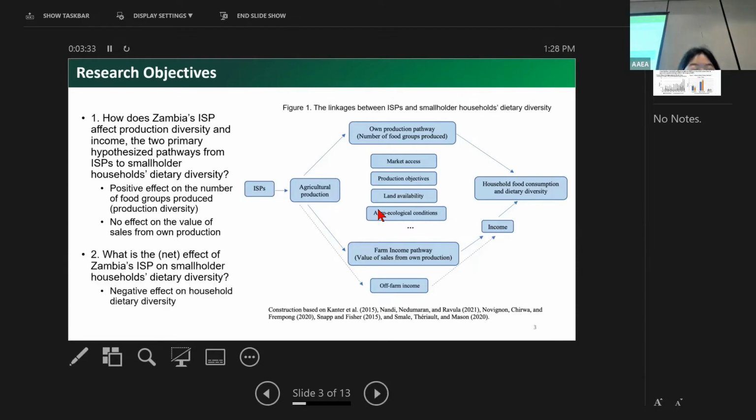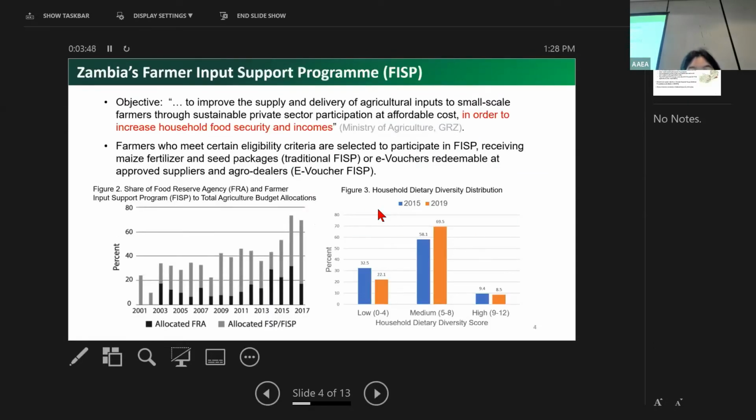And second, we asked, what is the effect of this input subsidy on household dietary diversity? For this, we found that it is negatively associated with smallholder household dietary diversity. And as far as we know, this is the first study to unpack and assess the underlying linkages between input subsidies and dietary diversity in Zambia.